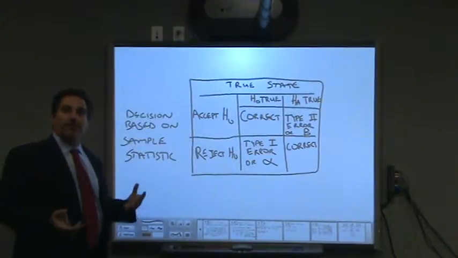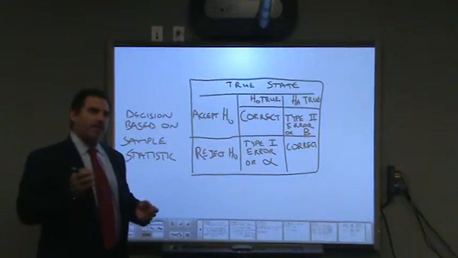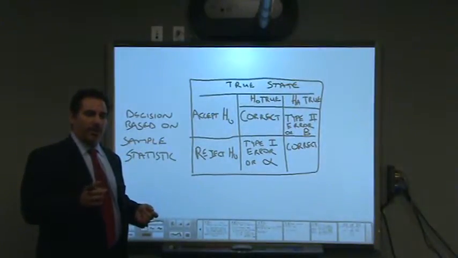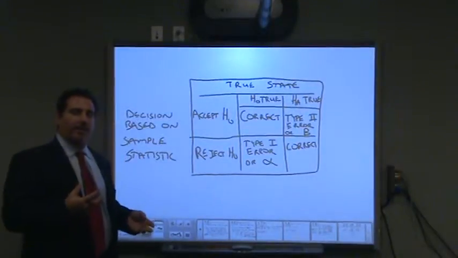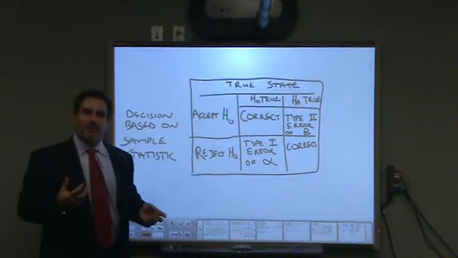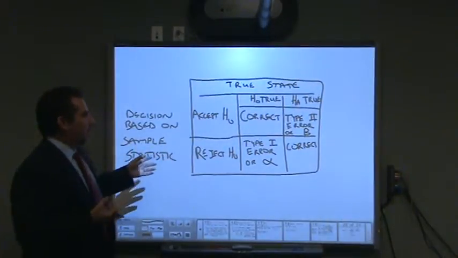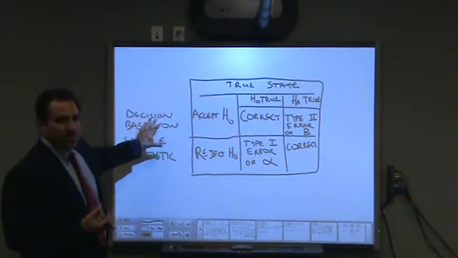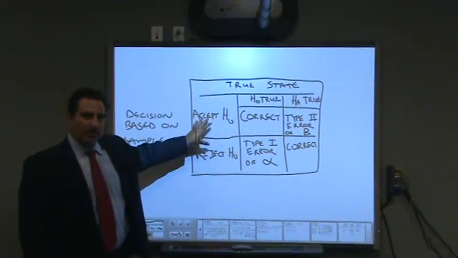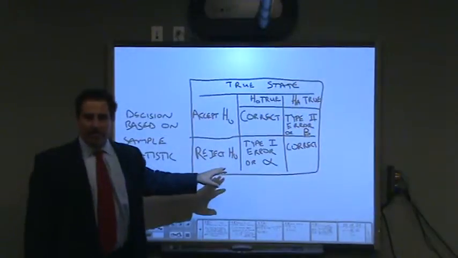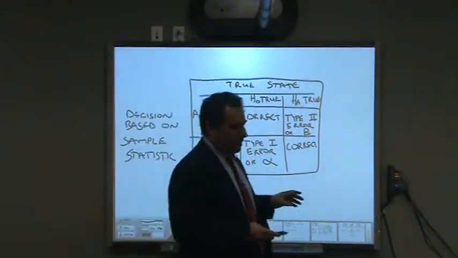So you run your subjects and you collect your data and you come up with the mean from your group of subjects, and you ask the question, are these subjects significantly different from the population? Okay, so this is the decision you make, and you might make the decision to accept the null hypothesis, which is that there's no difference, or to reject the null hypothesis, indicating that there is a difference between the groups.